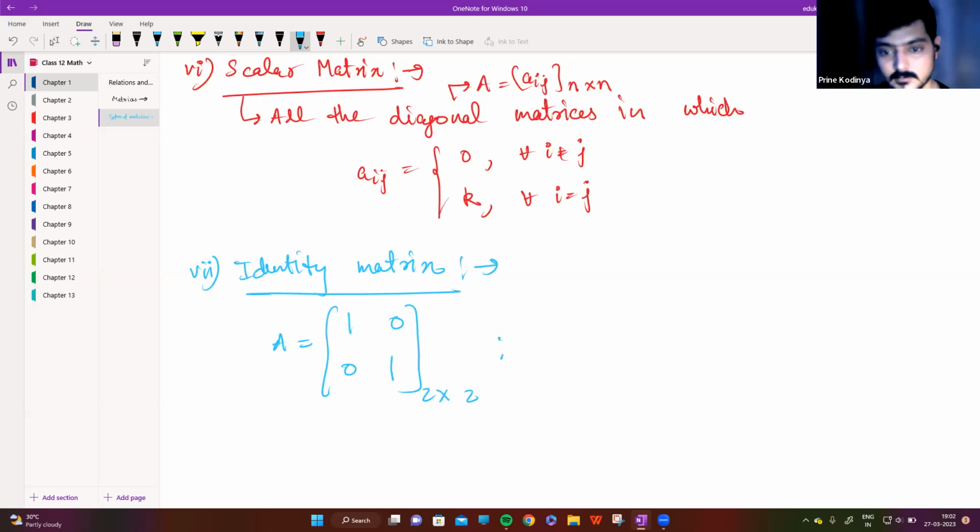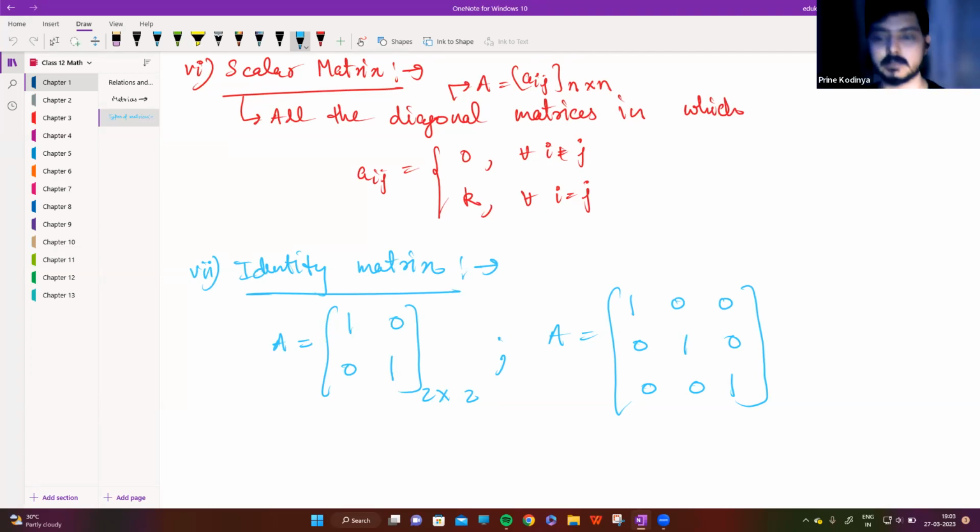Now see, this is a scalar matrix as well, 3 cross 3 order. So scalar matrices are those matrices in which all the diagonal elements are equal and all the non-diagonal elements are 0, while an identity matrix is a particular type of scalar matrix in which all the diagonal elements are 1. They are still equal, but they have this particular value 1.